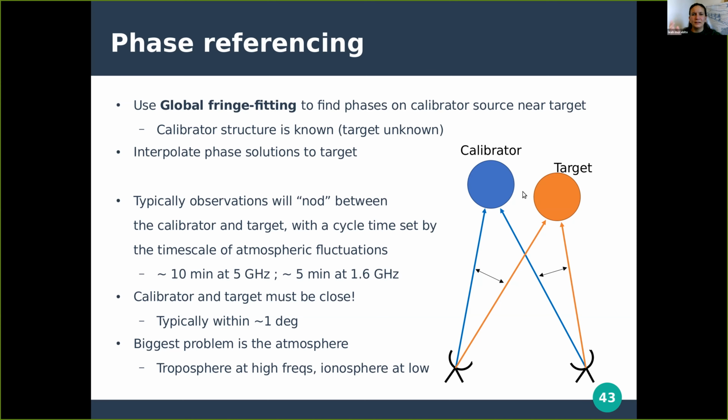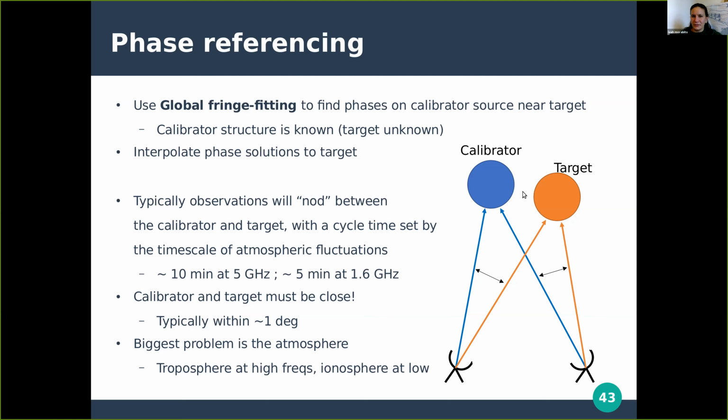This cycle time is set by the time scale of the atmospheric fluctuations. The more stable your atmosphere is, the less you have to cycle, and the more rapidly your atmosphere is changing, the more quickly you have to cycle back and forth to capture those time changes. A general rule of thumb is that at 5 gigahertz, a cycle time of about 10 minutes is fine, and at 1.6 gigahertz, about 5 minutes is usually okay.